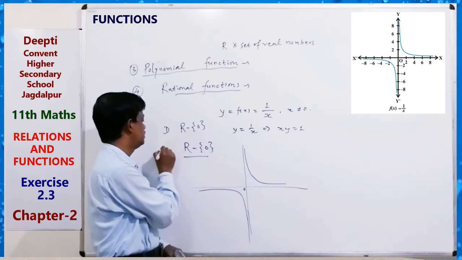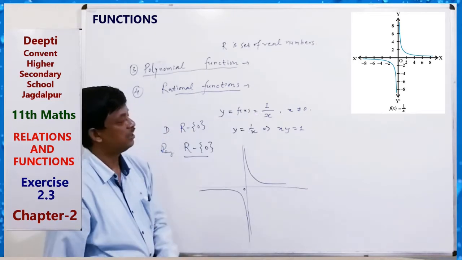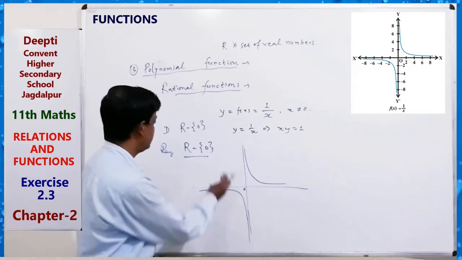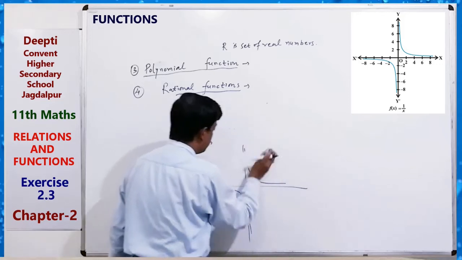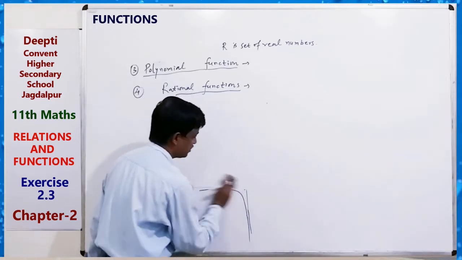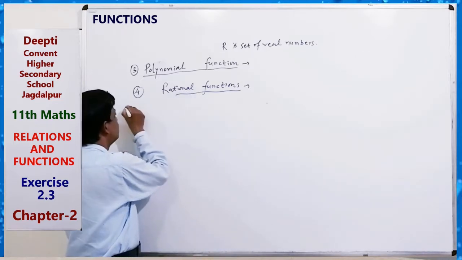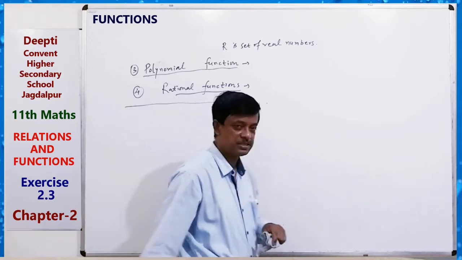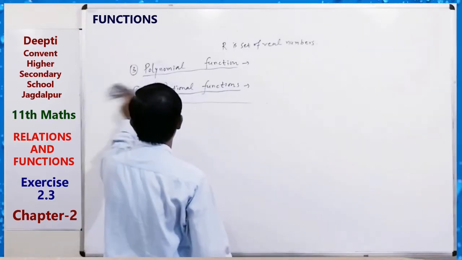This is the domain, this is the range. This is the graph of xy equals 1. Clear? Now after the rational function comes the modulus function, a very important function, so we will discuss it in the next class.